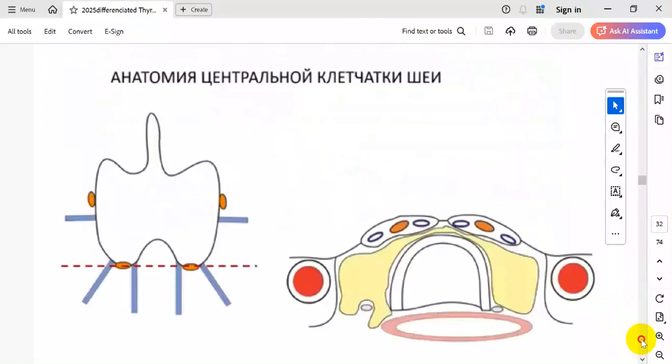And also, when we're talking about the central tissue of the neck, it is located deeper. It is located deeper than the layer of veins that originate from the lower pole of the thyroid.